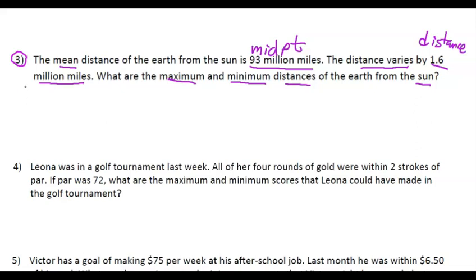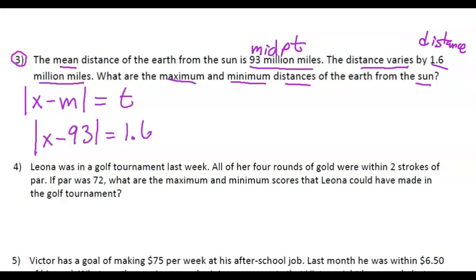From the notes from before, remember we have the absolute value of x minus the midpoint equals the distance, the tolerance. So we're going to have the absolute value of x minus 93 equals 1.6.